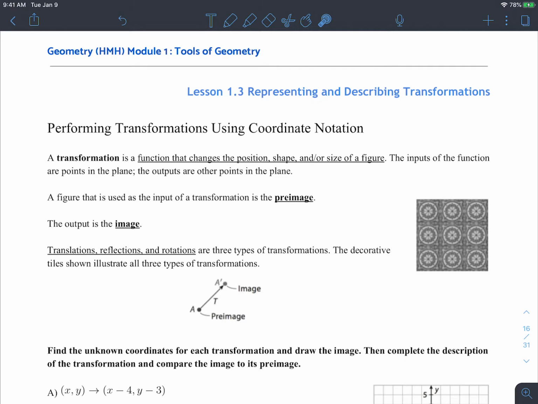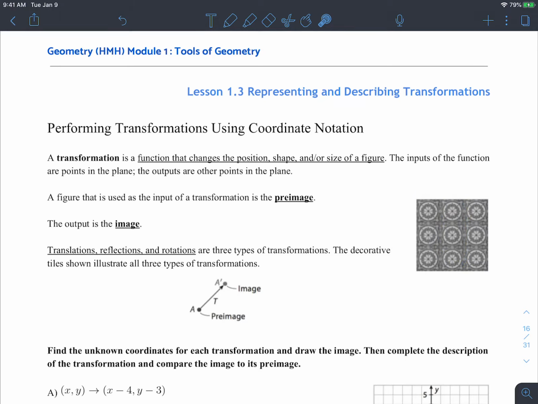So let's say you have translations, reflections, and rotations. Those are three types of transformations, and the decorative tiles shown to the right are all three types of transformations, as you can see. Essentially, for example, if you have a line over here, this could be a reflection this way.